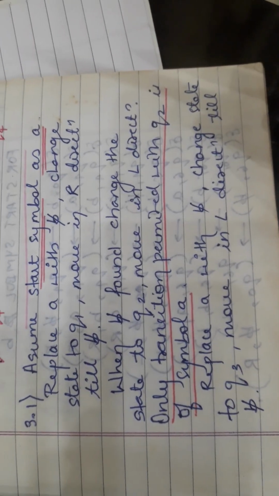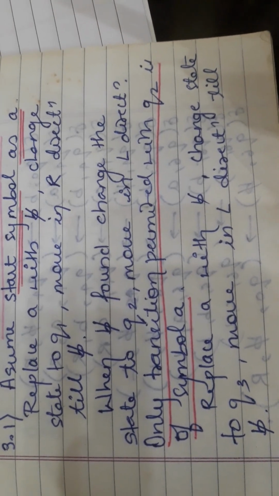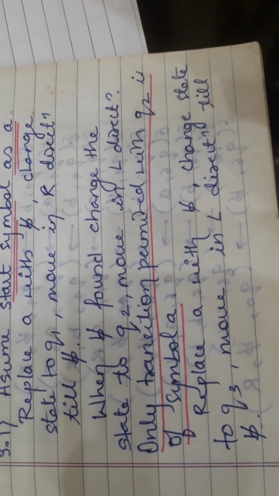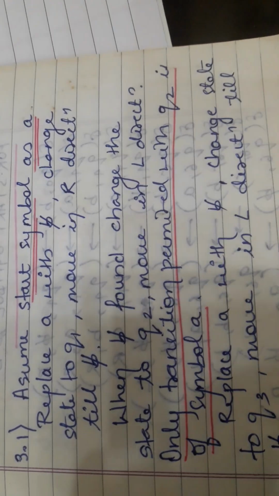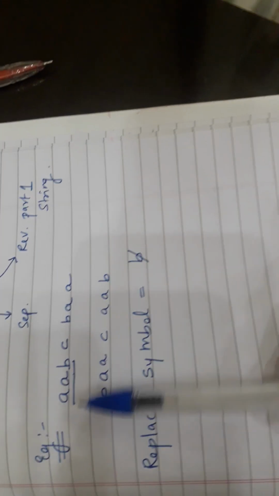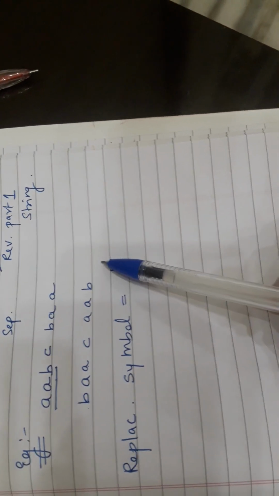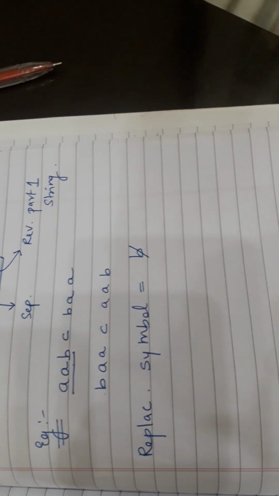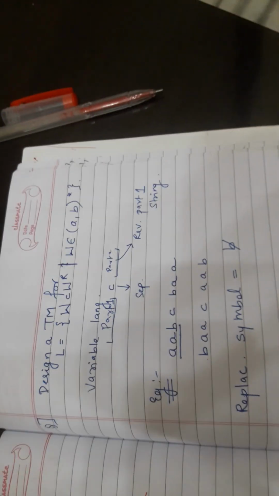Now the string can either start with A or it can start with B. If it starts with A, it will end with A, and if we start with B, it will end with B. So it is true, as we have seen in the example. We will see the algorithm or the logic which we will be using to solve this numerical.